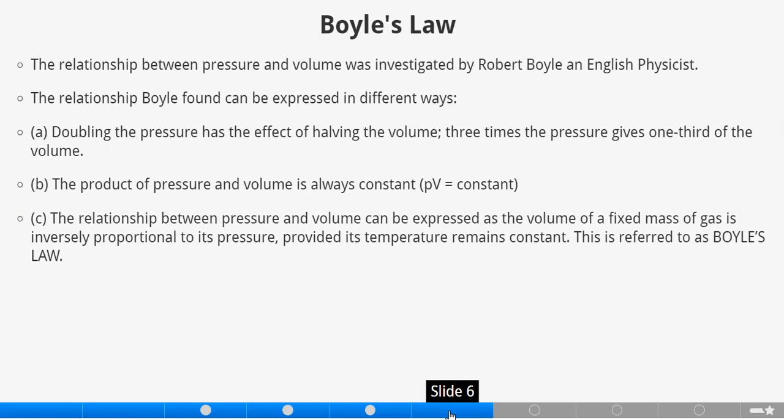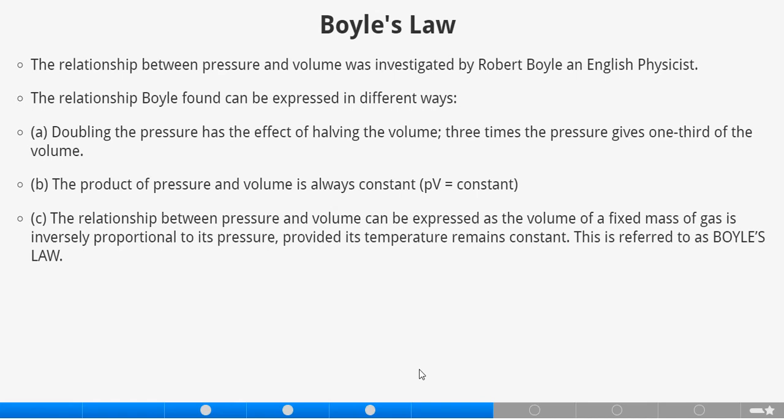Boyle's law. The relationship between pressure and volume was investigated by Robert Boyle, an English physicist. The relationship Boyle found can be expressed in different ways. A. Doubling the pressure has the effect of halving the volume. 3 times the pressure gives 1/3 of the volume.